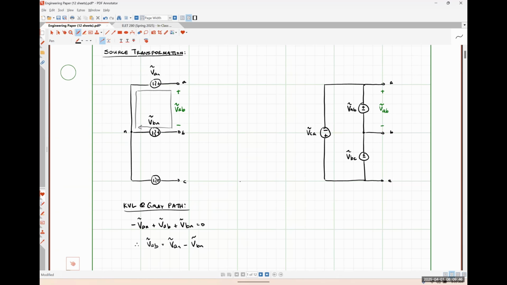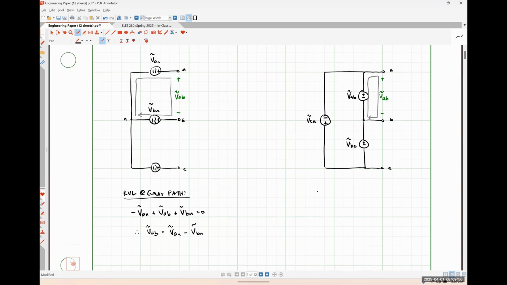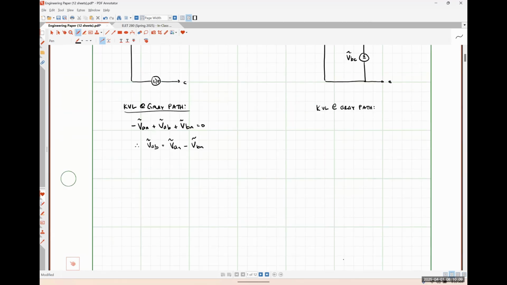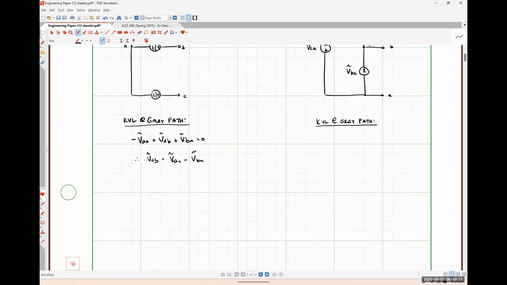If I were to apply KVL to a similar gray path on this side, I would simply get that my terminal voltage, so I would have something, sorry, that scrolled way too far.